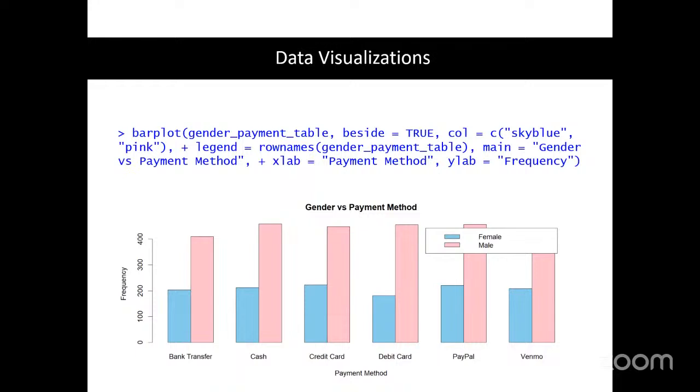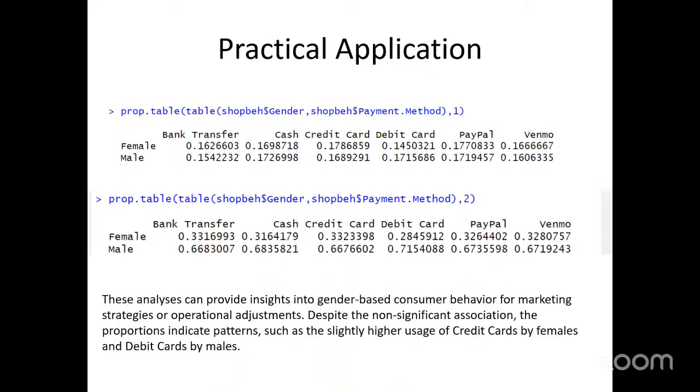Okay. Now this is the R script. And here you can find out the R script is prop.table. Prop means proportion. That is the frequency of the proportion. One side is it is written 1. And here you can find out that more female are using PayPal, 18%, and the credit card also 18%.